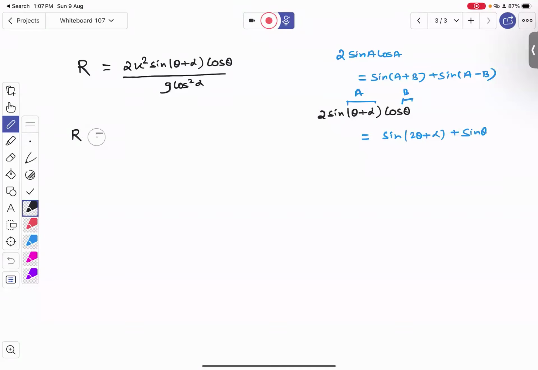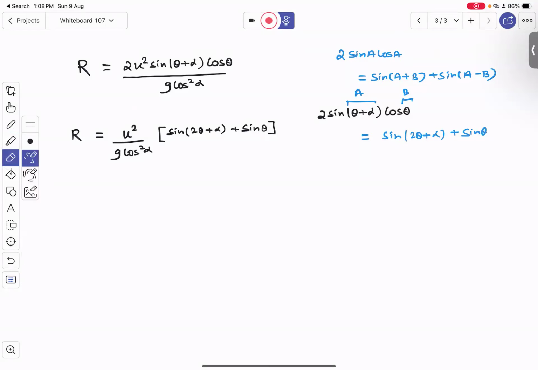So range becomes u square by g cos square alpha into sine 2 theta plus alpha plus sine alpha. 2 theta plus alpha minus theta will be alpha, no?